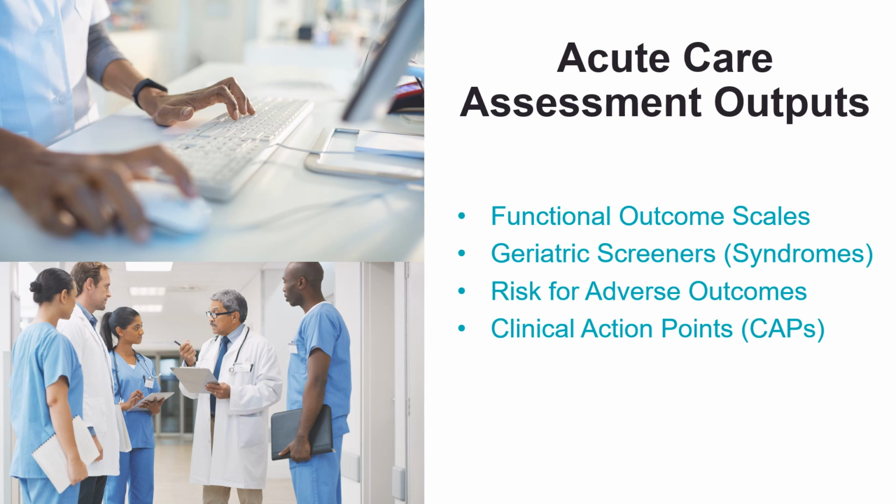The acute care assessment now has the following outputs available for you to use to support your decision making. These include the functional outcome scales, the geriatric screeners or syndromes, the risk for adverse outcomes, and the clinical action points or CAPs. When you code your AC assessment, algorithms work in the software to produce these outputs.